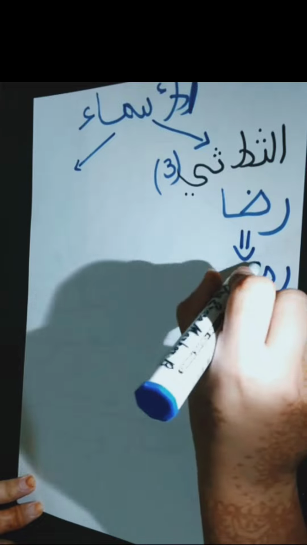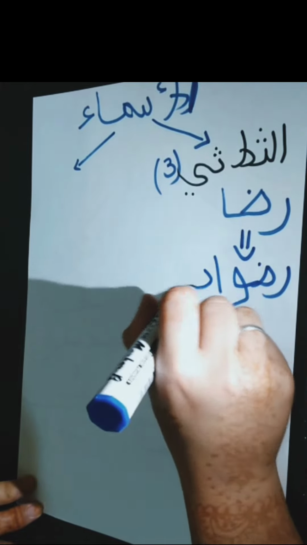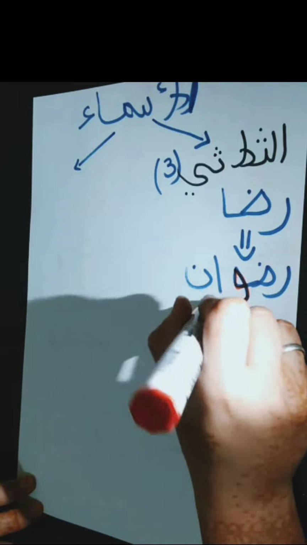Like this is 1%, and if we want to say 2%, it's رضوان. We can see that it has الواو. Then we write it with الألف الممدودة, because we have الواو.